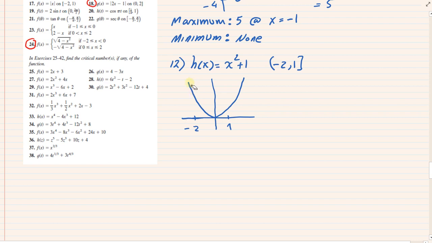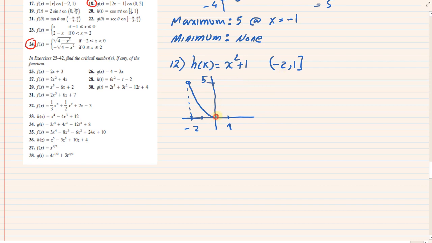So let me adjust my tick mark. I'm going to call this a height of 5, and this is where -2 is now. Now the other portion of this, when x is 1, 1 squared, 1 plus 1 is 2.